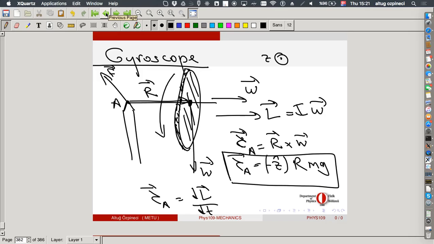If you do the same thing over here, this point would exert a force in this direction. So the net effect is that this thing turns around like this, if it is trying to fall down. Now, in this gyroscope motion, you have seen that it's not falling down.